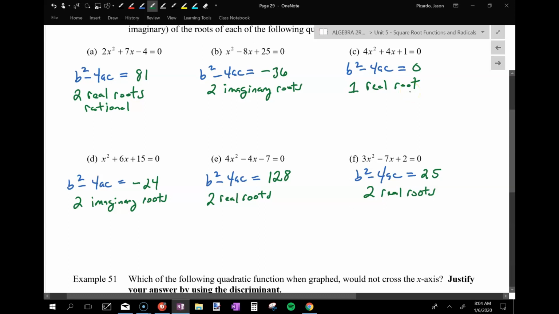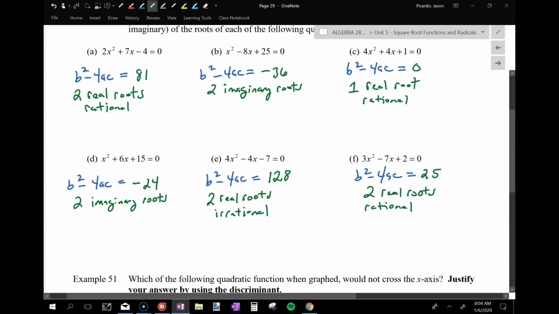Guys, if I have 1 real root, this is also going to be rational. If you get 0, you're always going to have a rational root. This one is going to be irrational, because 128 is not a perfect square. And 25 is rational because 25 is a perfect square.